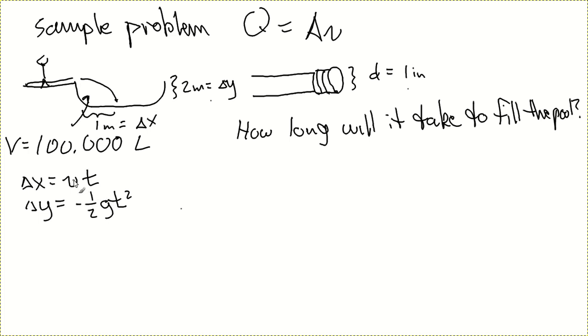So we want to determine velocity. So we can take this equation with delta x in it and solve it to get velocity equals delta x, which is known, divided by time. Time at this point is not known, but we can solve this one, and that's going to give us that time equals the square root of minus 2 delta y, again, the minus sign is okay because delta y is negative, divided by g.